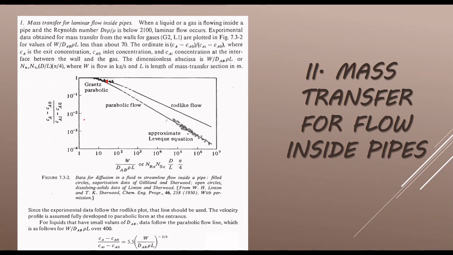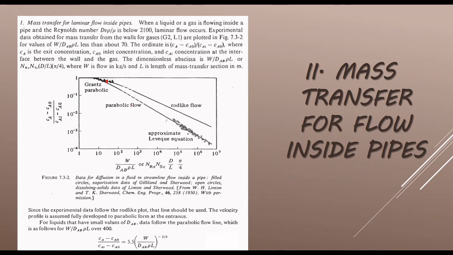So if you're going to look at it very closely, if this is 10 raised to negative 1, this would be 0.1. This is 0.1 and this is 1. And this is 0.5. This is 0.5 here, and this is 0.75. So that's how you're going to read it. Okay?